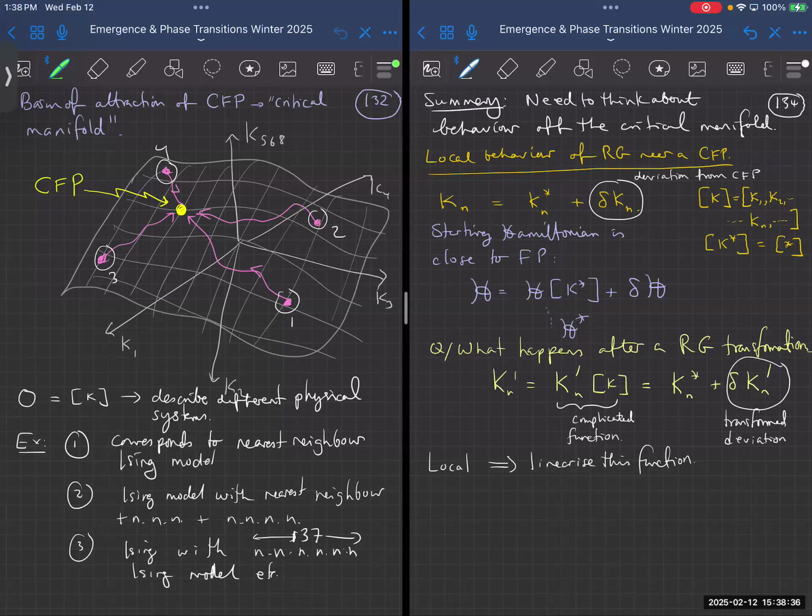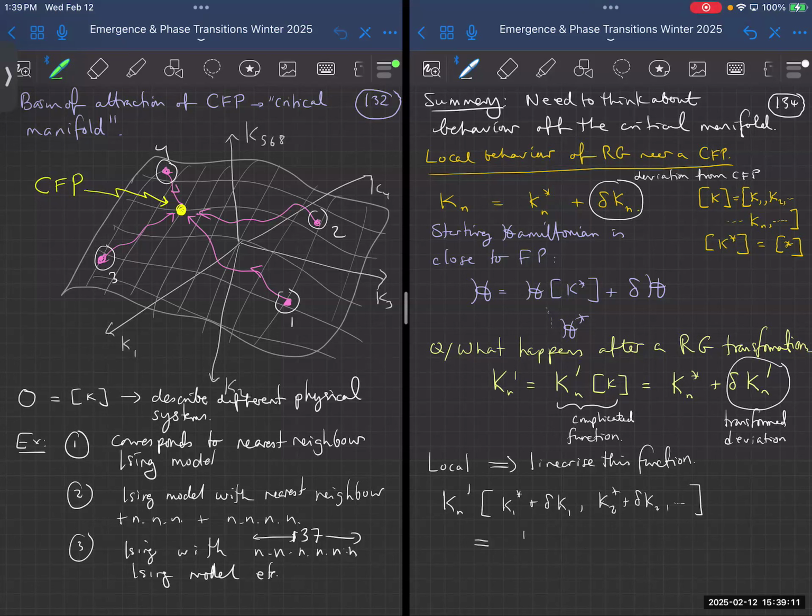So how do I linearize that function? Well, I'm going to just linearize it by doing a Taylor expansion. So I've got my Kn prime, and that is a function of k1 star plus the deviation, k2 star plus its deviation, and so on and so forth. And this is some function of all of these things. It's a horrible, messy, nonlinear function. But I'm going to just do an expansion of that.